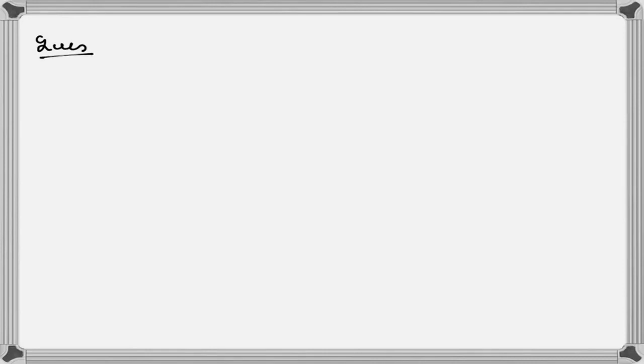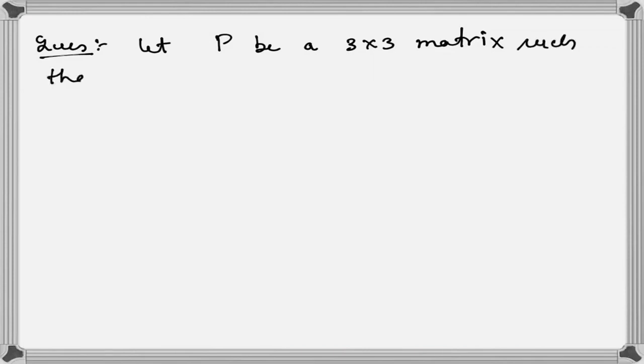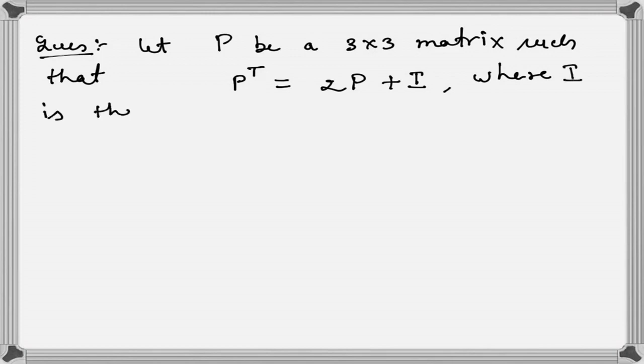Question: Let P be a 3 cross 3 matrix such that P transpose is equals to 2P plus I, where I is the 3 cross 3 identity matrix.